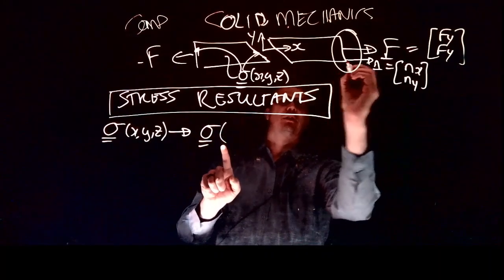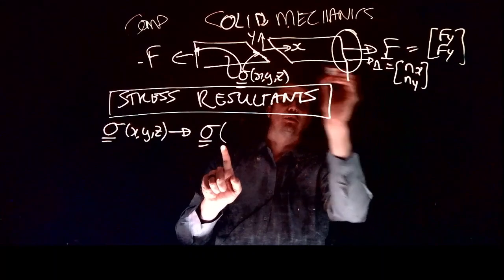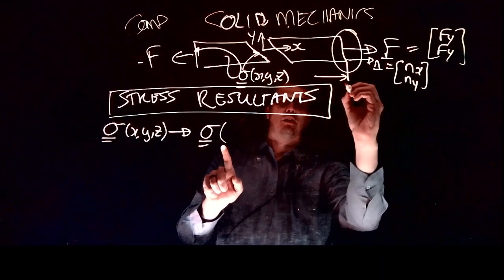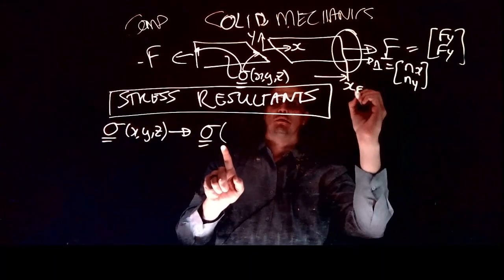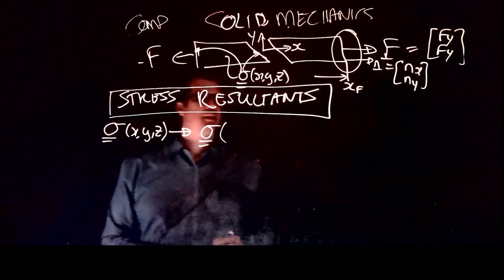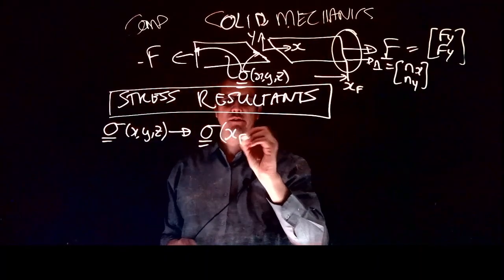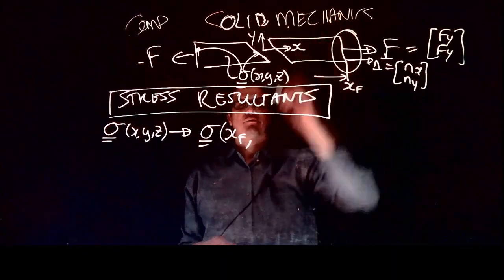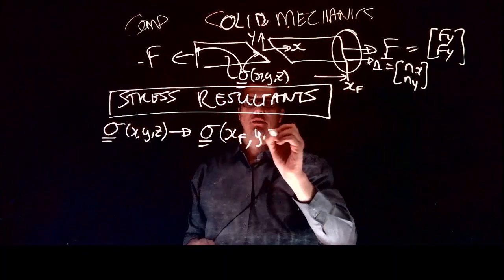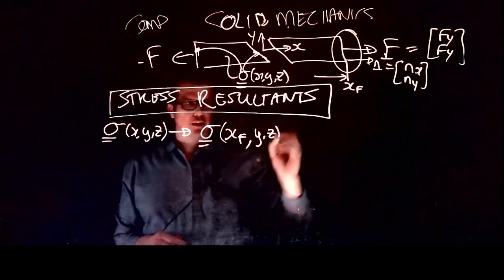So first thing, let's call this distance from here to here XF. That is just to make sure that we are at the place where that force is applied. So I'm putting in that constant XF, but I still have a function of Y and Z. That's the first step.